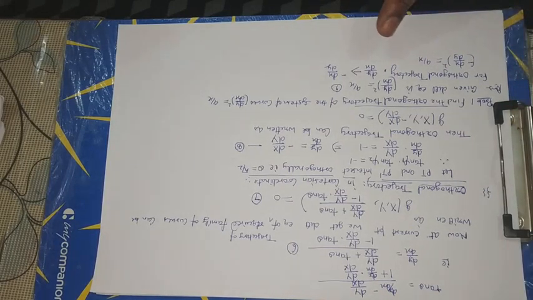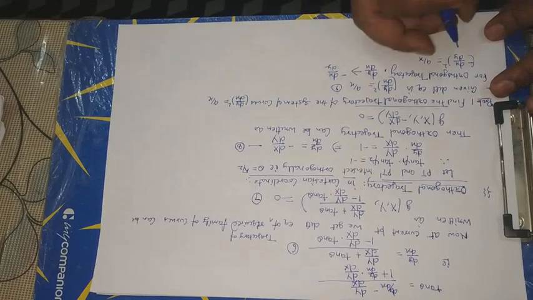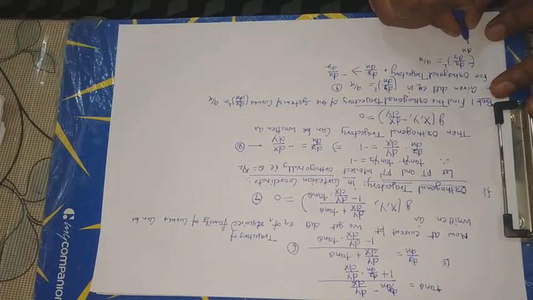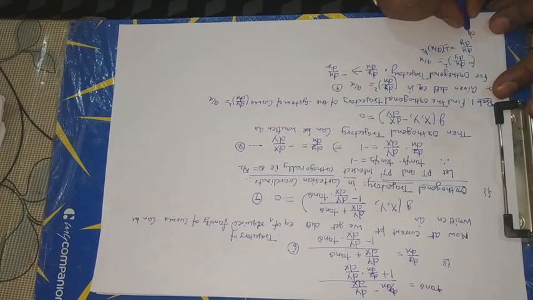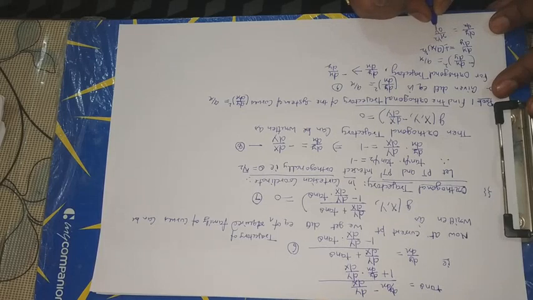So dx upon dy is equal to a upon x whole power half, plus minus, that is, dy upon dx is equal to x to the power half upon a to the power half, plus minus.